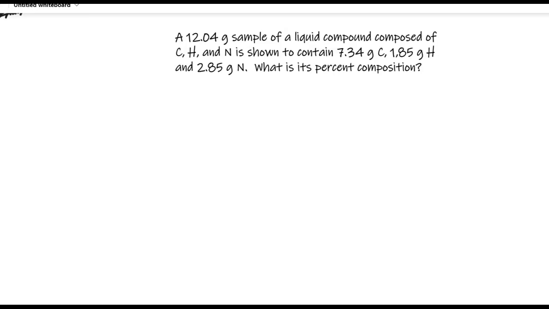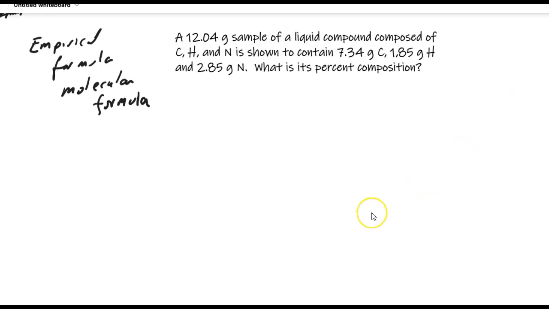After we learn about grams per moles, moles per grams, and percent composition, we're going to discuss something called empirical formula and molecular formula. And so we are going to be able to use percent composition in order for us to get the formula.